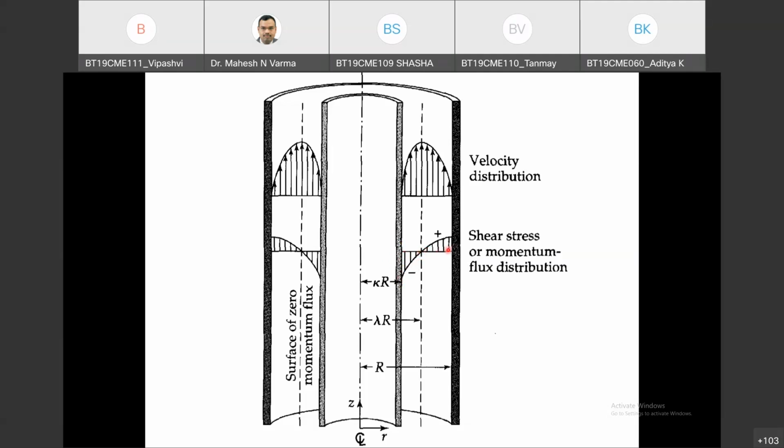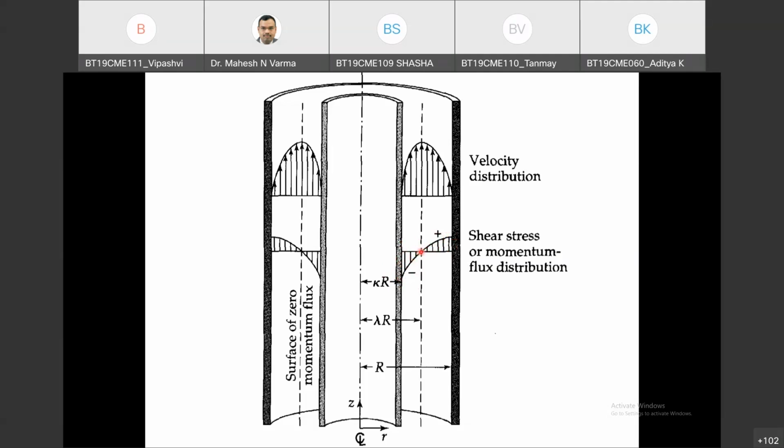It is on the upper side and lower side. It is indicating that this momentum flux is in the direction of r, and this is the momentum flux in the negative direction of r. Even though the magnitude of the momentum flux is important, this is just a representation.